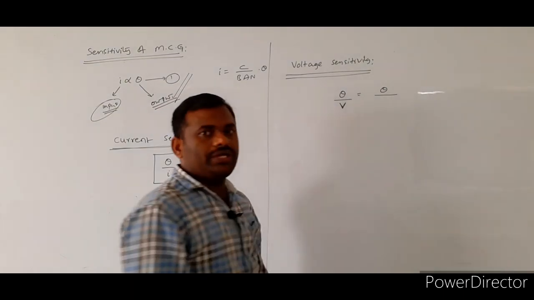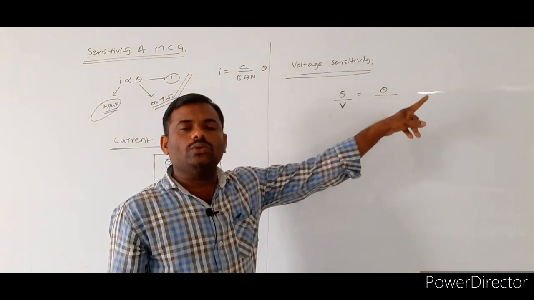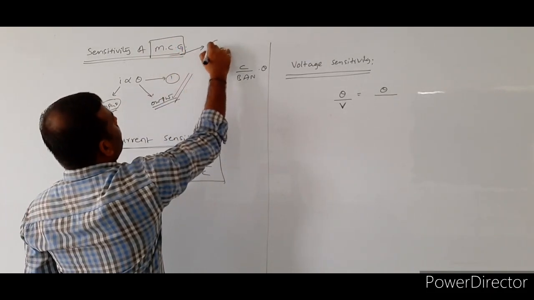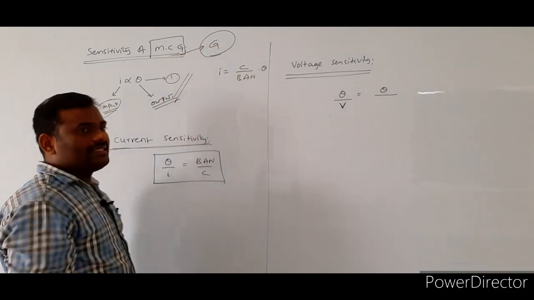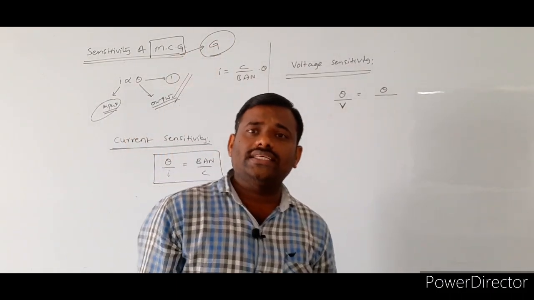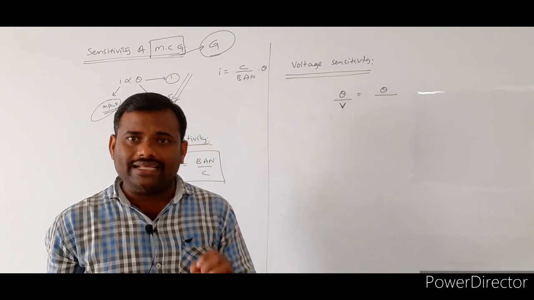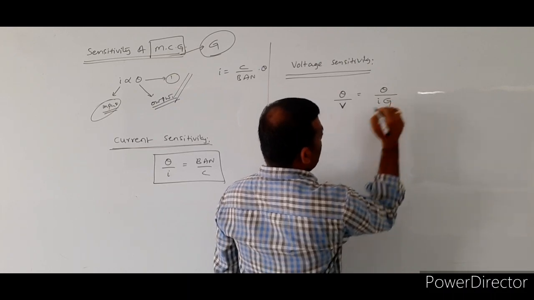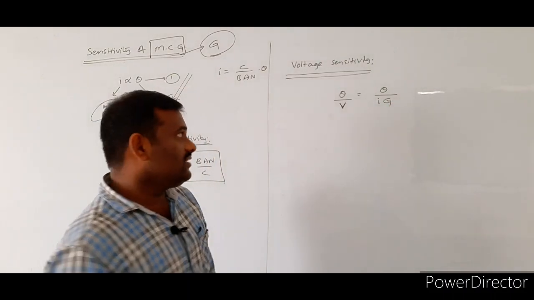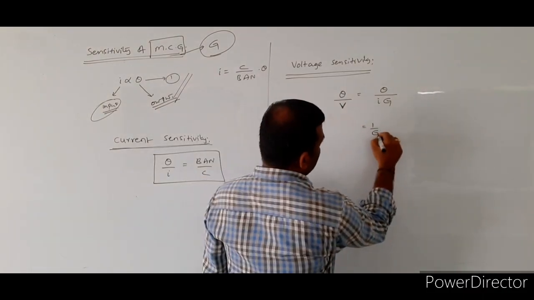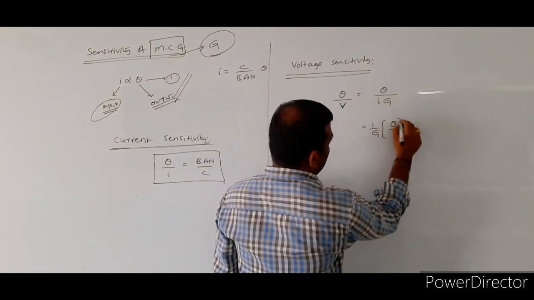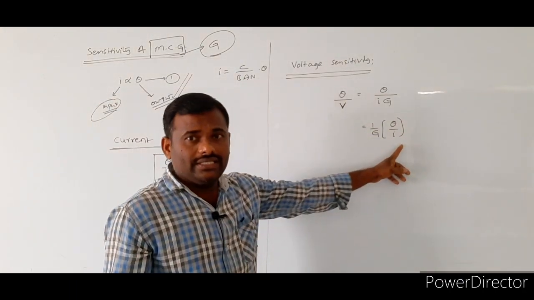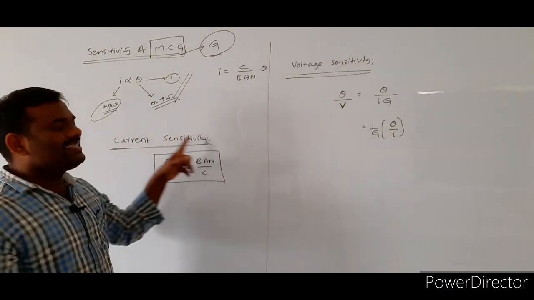According to Ohm's law, can I write V is equal to IR? So here we consider the moving coil galvanometer. For the moving coil galvanometer, we are assuming that the resistance of the galvanometer is equal to capital G. So according to Ohm's law, I will write V is equal to I into G. Now 1 by G into theta by I, and theta by I is nothing but the current sensitivity.